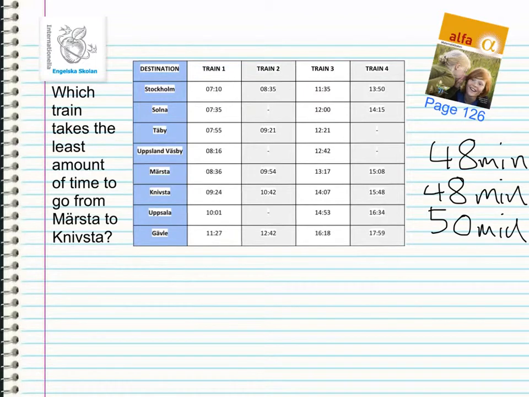Lastly, the fourth train leaves Märsta at 15:08, and it actually arrives before the next hour. It arrives at 15:48.